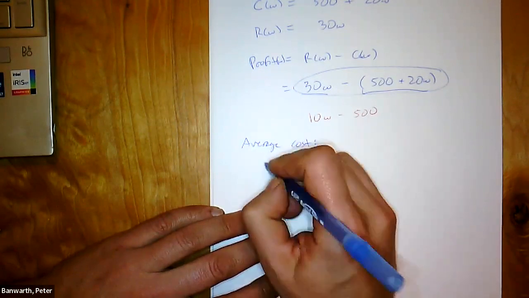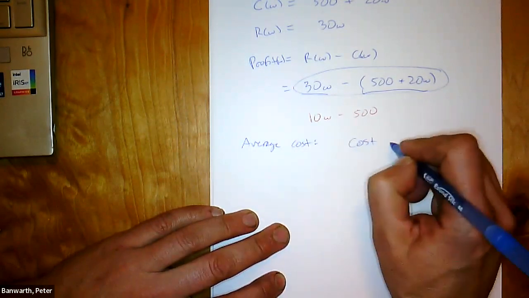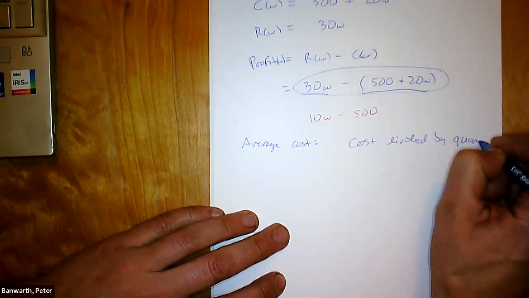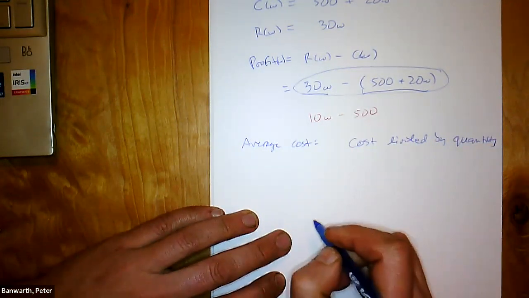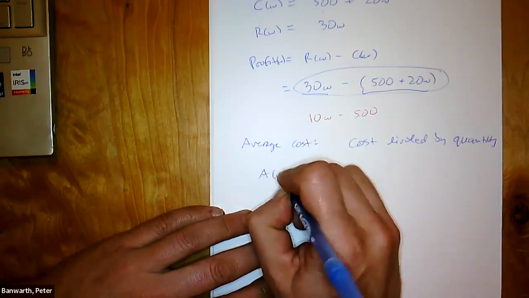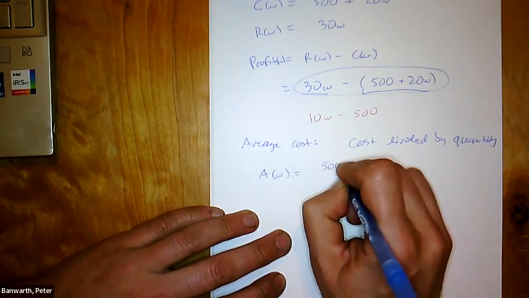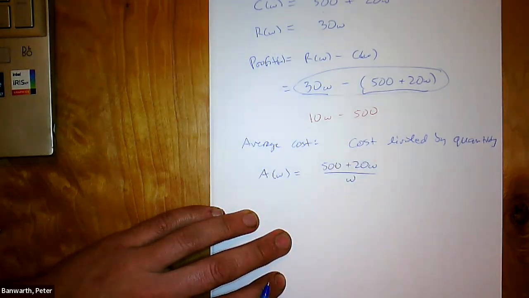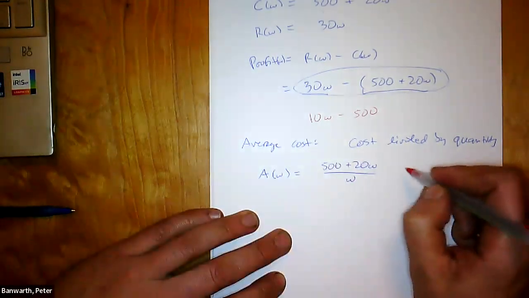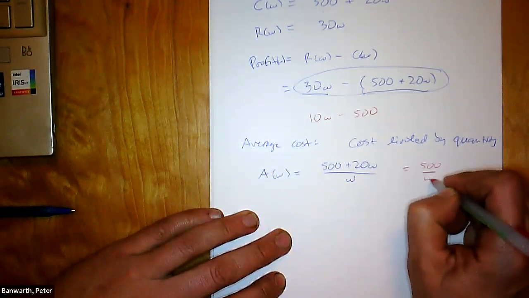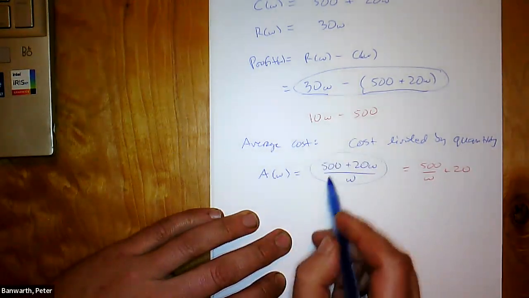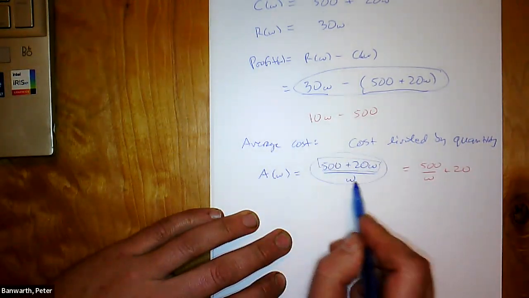Well, average cost is just my cost divided by the quantity. So average cost as a function of W is 500 plus 20W over W. And I could write that as 500 over W plus 20. But this makes more sense to me because I say, okay, that's the cost of each unit and that's the number of units.